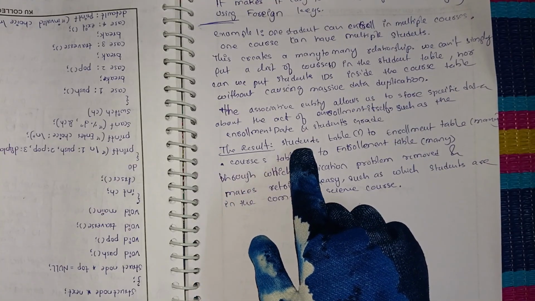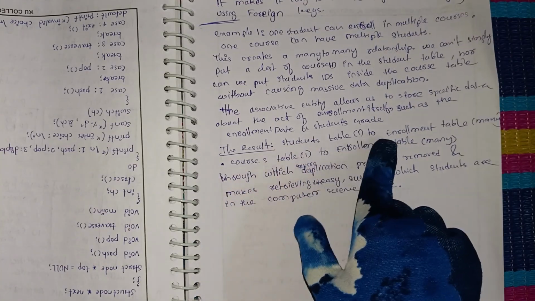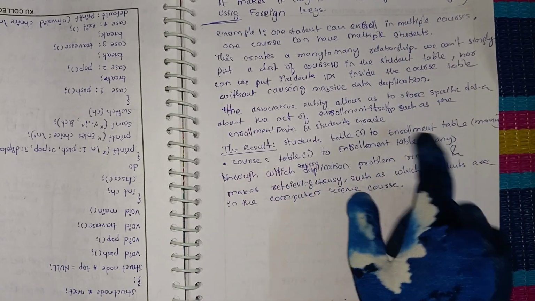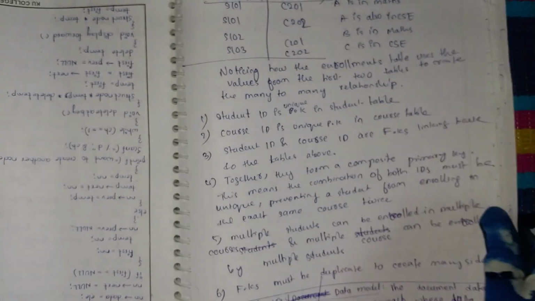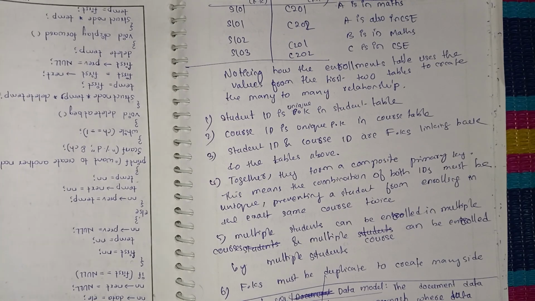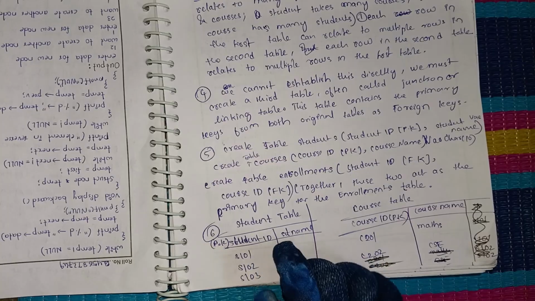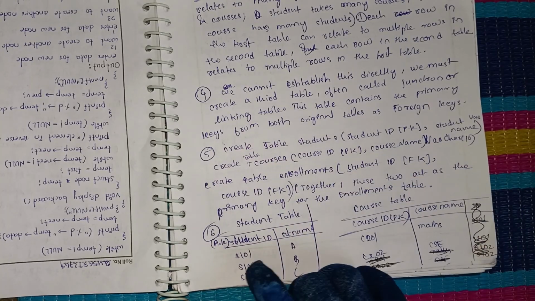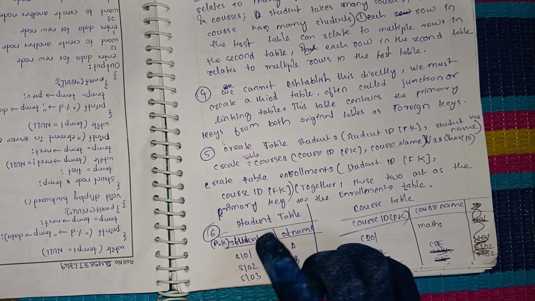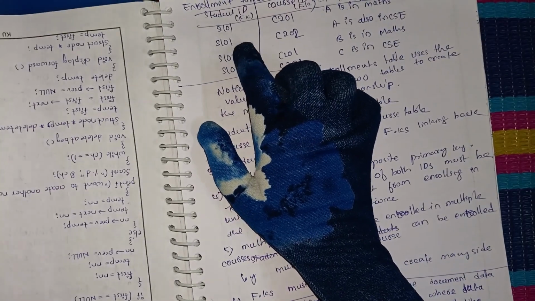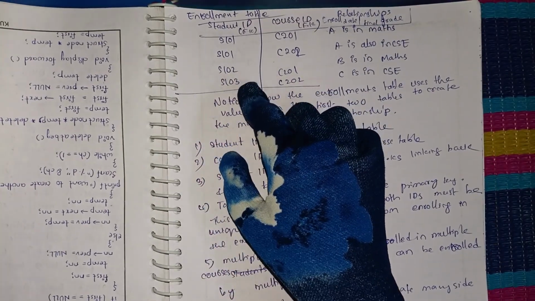Here in the example, the result is student table one to enrollment table many, and courses table one to enrollment table many. This relationship is established. How? If we observe the student table, S101, S102, S103 are the unique values. In the enrollment table, S101 has redundant values.